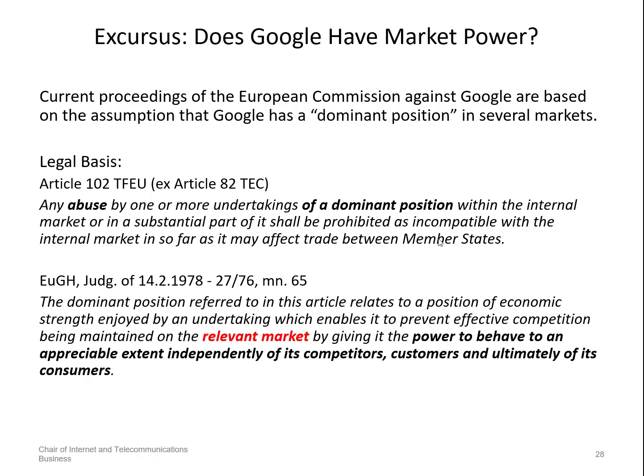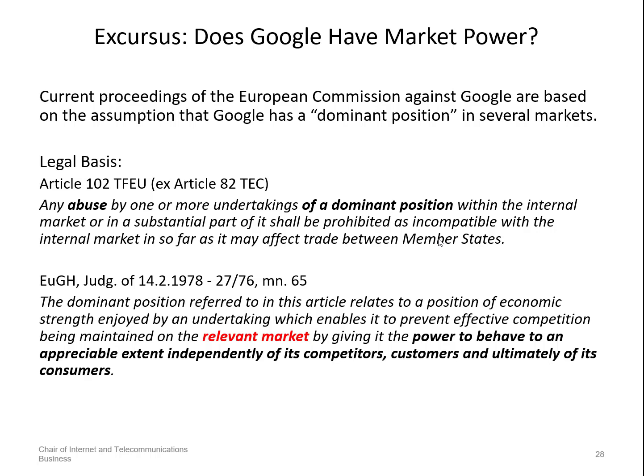Any abuse by one or more undertakings of a dominant position within the internal market or in a substantial part of it shall be prohibited as incompatible with the internal market, insofar as it may affect trade between member states.